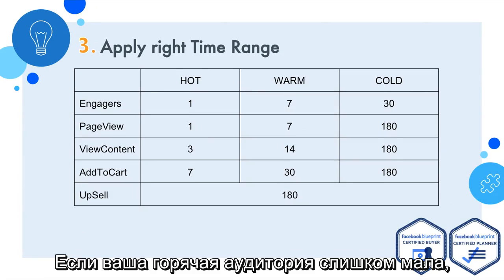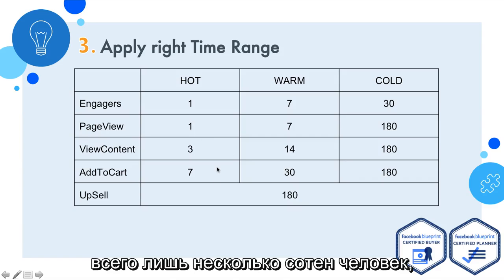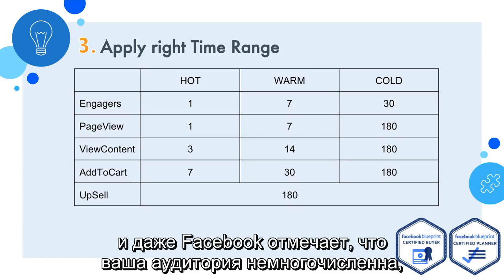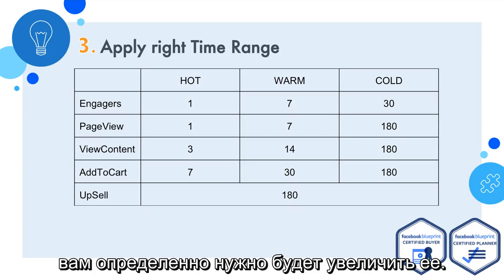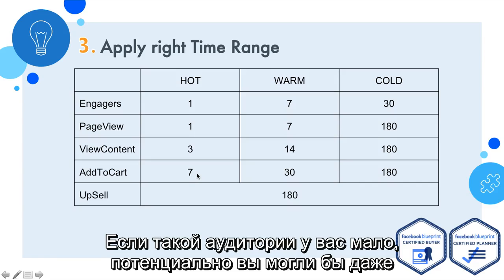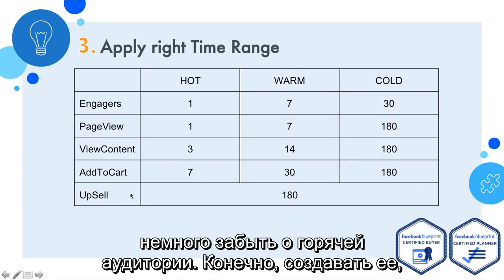Okay, so if those hot audiences are too small, so just a couple of 100 people, or even Facebook says audience too small, then of course you want to increase those numbers. So if the numbers are very small, you could potentially even forget about the hot audience.